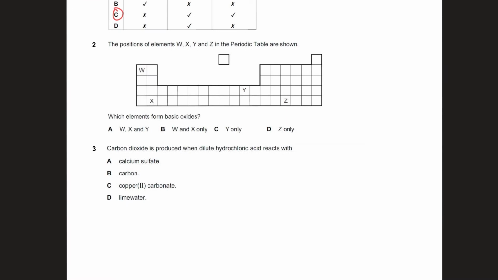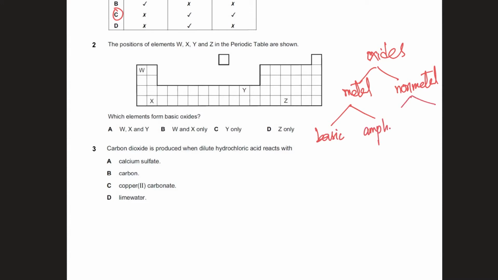In the next question, the position of elements W, X, Y, and Z in the periodic table are shown. Which elements form basic oxides? Again, remember that whenever you have oxides, they are going to be divided by whether they're metal oxides or non-metal oxides. And within metal oxides, you have mainly the basic ones or the amphoteric ones.